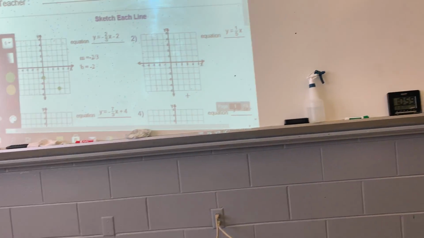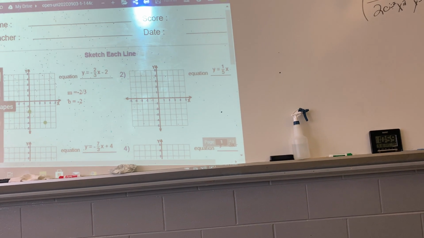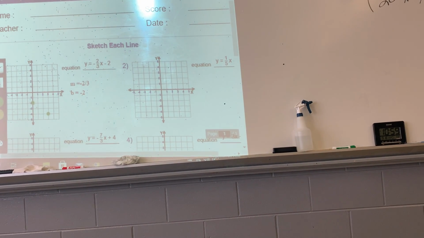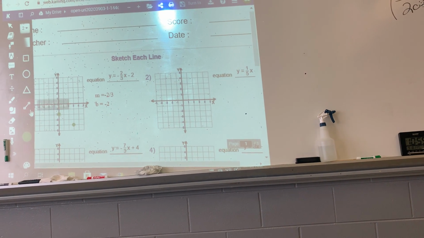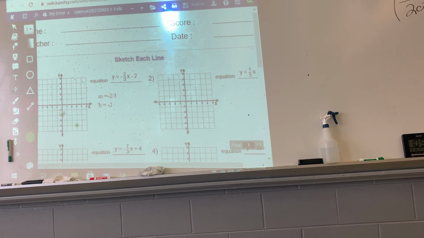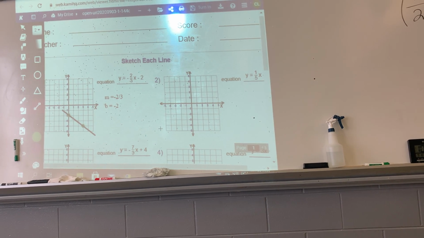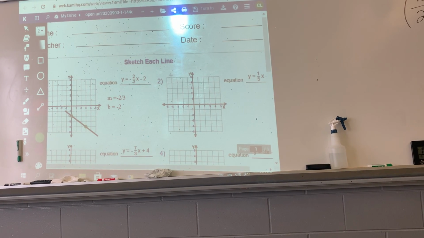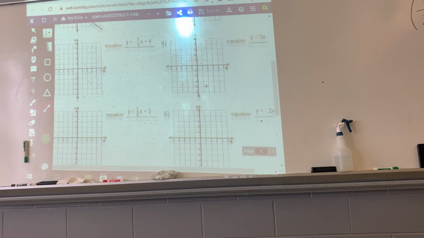Now I can connect the dots with a line by using the auto shape here. So here's my line, and I can just draw a line. It don't have to be perfect. There it is. Okay? And then you can do the same thing on the rest of this worksheet, okay?